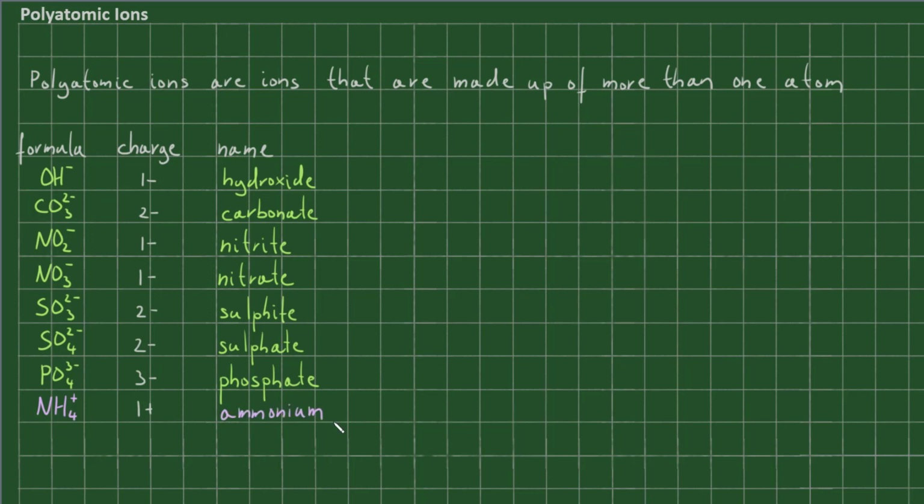Polyatomic ions combine in much the same way as monoatomic ions to give ionic compounds. So let me take a look at a few examples I prepared earlier. If I have a sodium cation and a hydroxide anion, they will give me sodium hydroxide. What will be the formula?